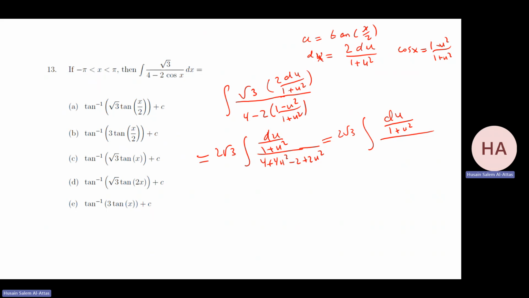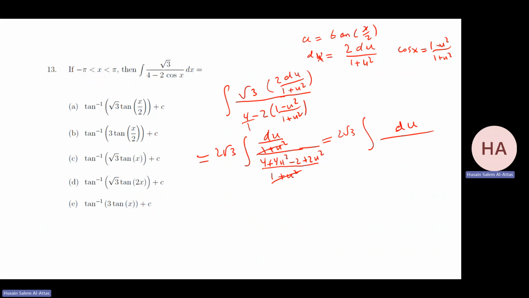This is, and don't forget, all of this over 1 plus u square. So this is cancelled. That will be du. Yeah, this will be du over all of this.